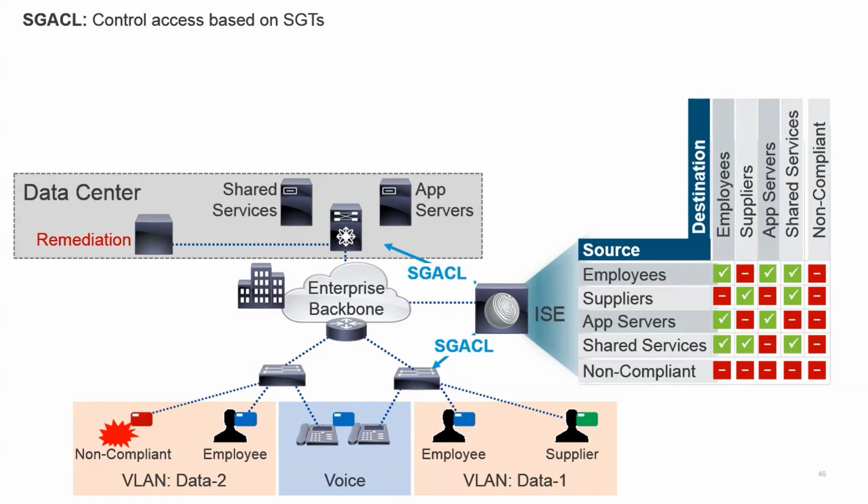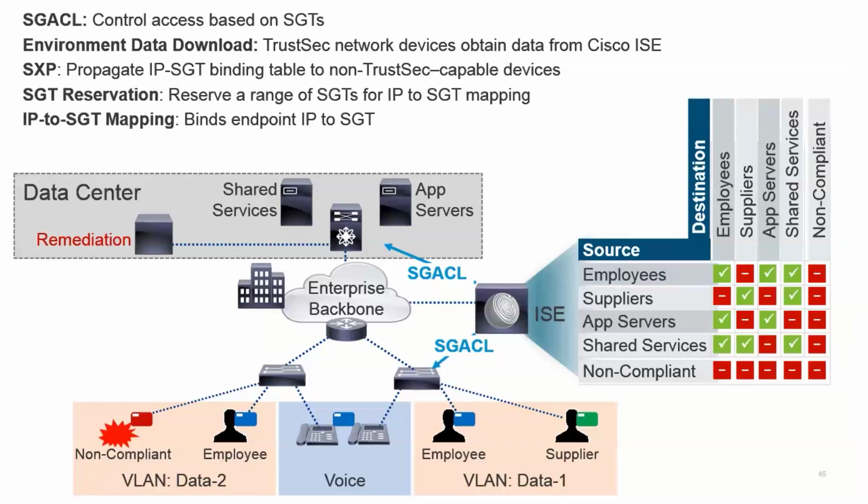Once the device gets authorized, only then will these policies get enforced to the devices. That's the nice thing we have, automation within the network. At the moment you do the authentication and authorization, it gets pushed to the devices. And that's why you can see all the terms: the SGACLs, the environmental data, SXP, the propagation protocol, reservations, then the IP to SGT mapping. All those things are there.